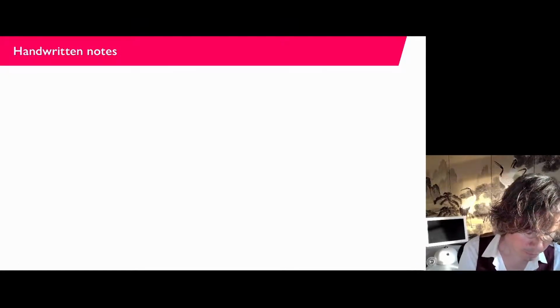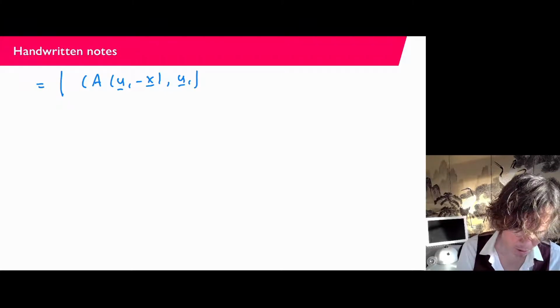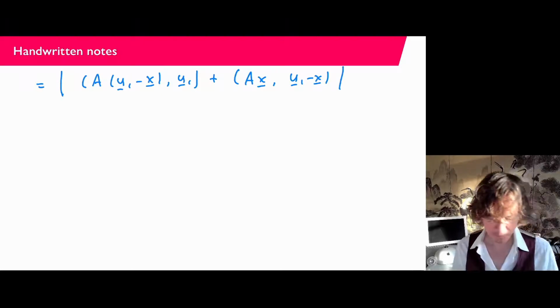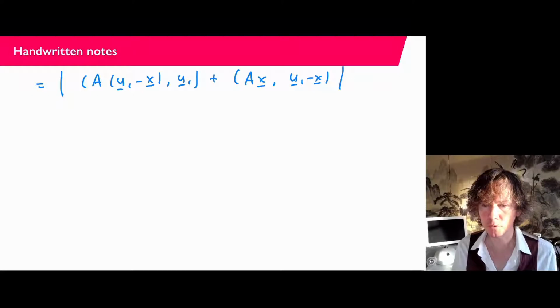So I can write that as the absolute value of A u1 minus Ax comma u1 plus Ax comma u1 minus x. So this is just a bit of playing around here, a bit of trickery.